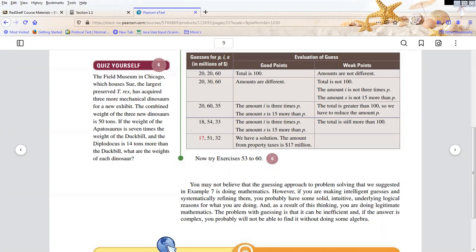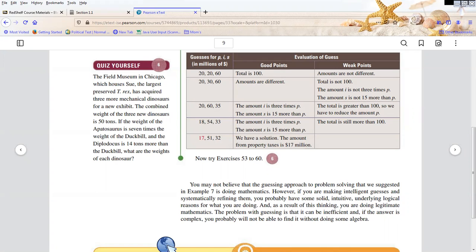If the weight of the Apatosaurus is 7 times the weight of the duckbill and the Diplodocus is 14 tons more than the duckbill, what are the weights of each dinosaur? And we're supposed to be using a guess and check method here. So guess, check, and guess again is the goal.